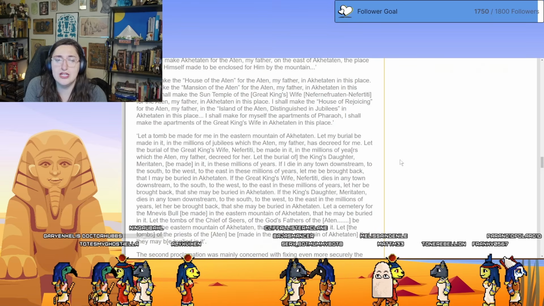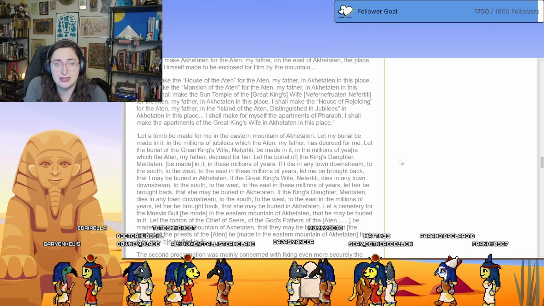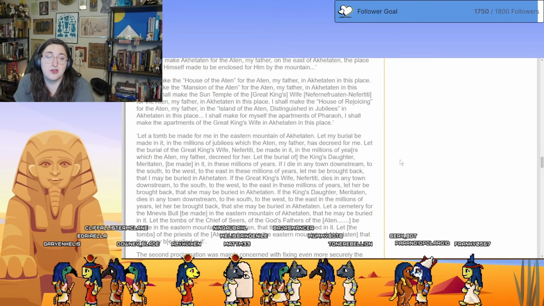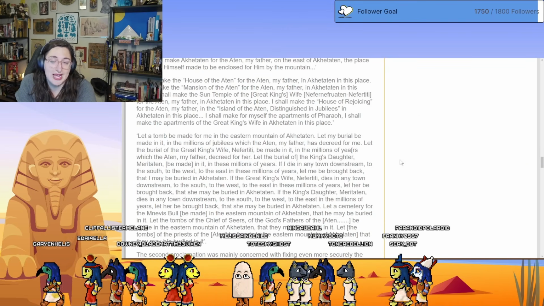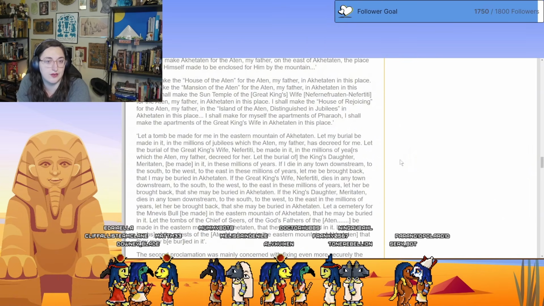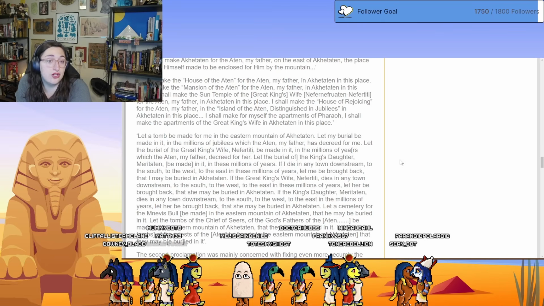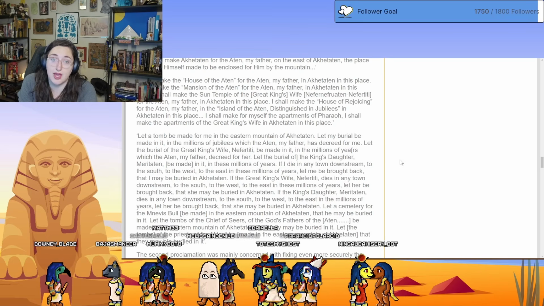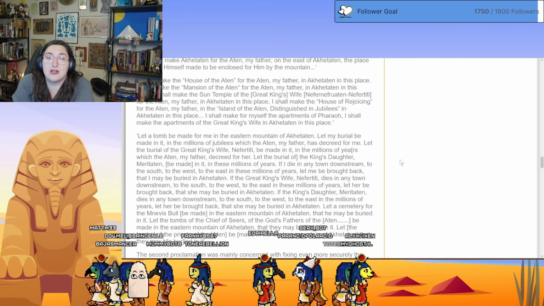For one, we do know that during the New Kingdom, the priesthood was extremely powerful and was getting more and more powerful, and potentially more powerful than the actual pharaoh. So he could have witnessed this and been like, nah, man, that's not okay. He could have witnessed corruption within the priesthood.